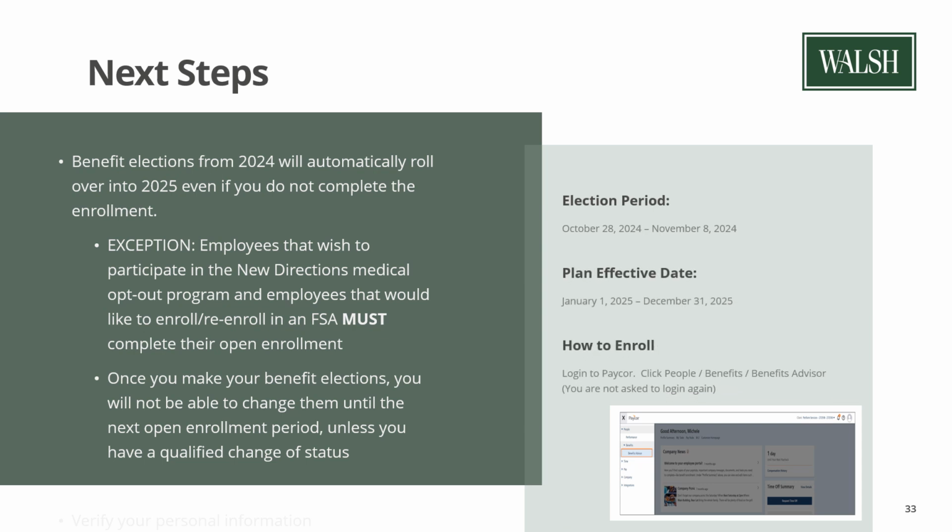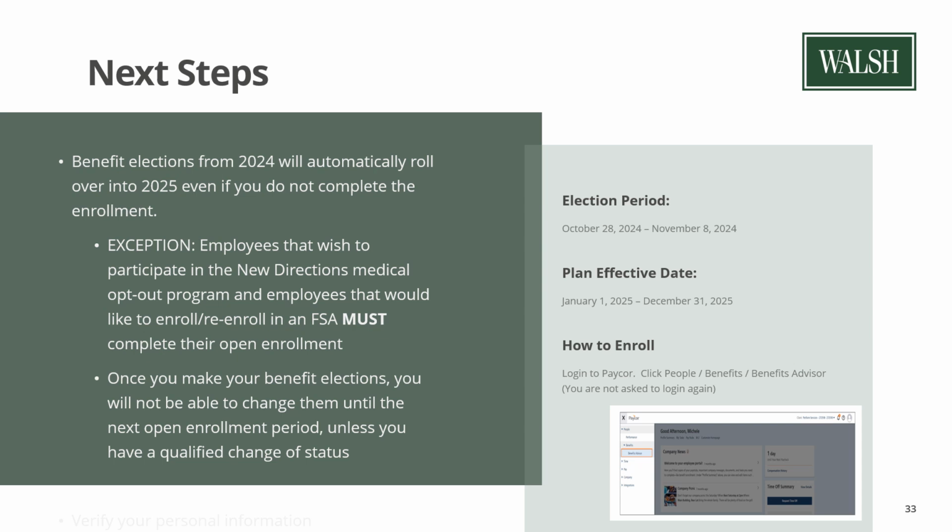All right, wrapping up. So for 2024, if you do not want to make any changes for 2025, the benefits that you have right now will automatically roll over, with the exception of the FSA. I had mentioned early on that if you are currently in the FSA and want to have the FSA again for 2025, you do need to re-enroll and elect the dollar amount that you would like to have funded.